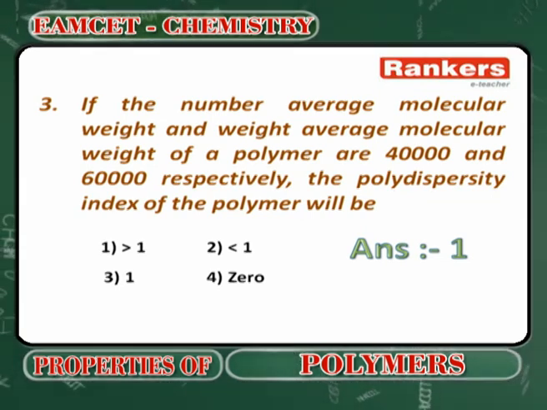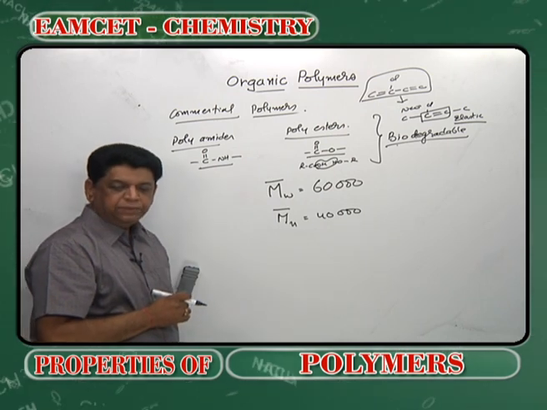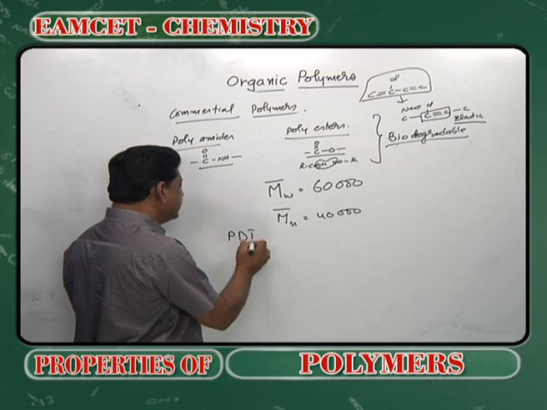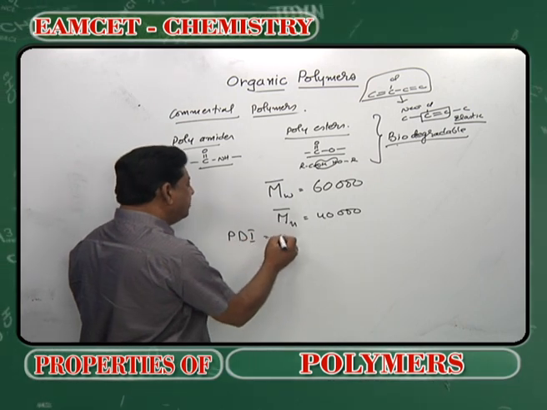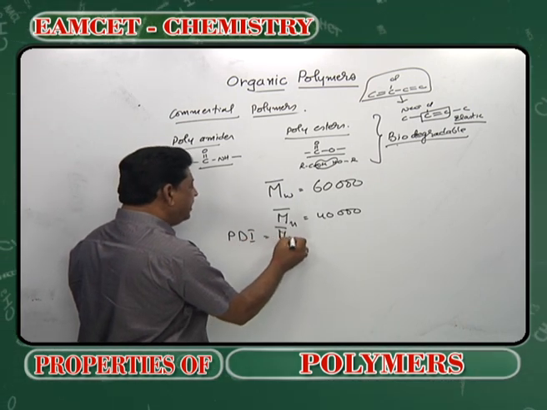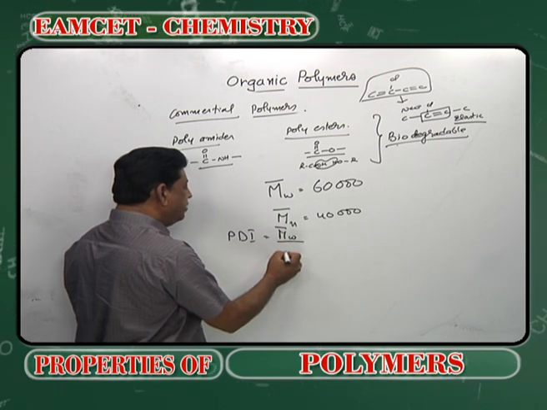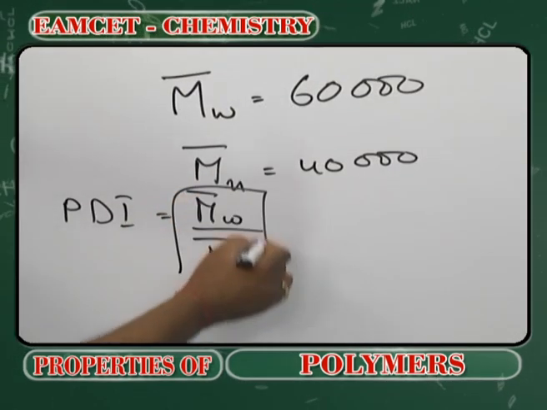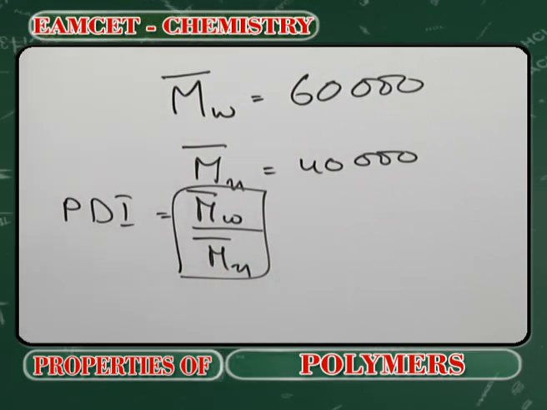What he is asking is the polydispersity index. This is given by the weight average molecular weight divided by the number average molecular weight. This equation gives the PDI. It is nothing but a ratio of these two.